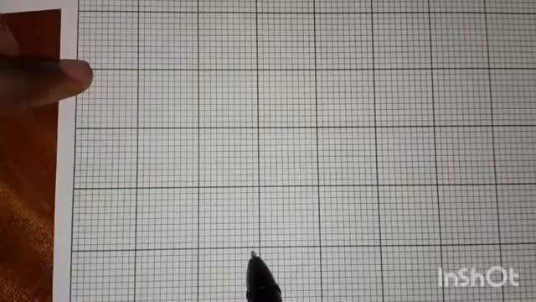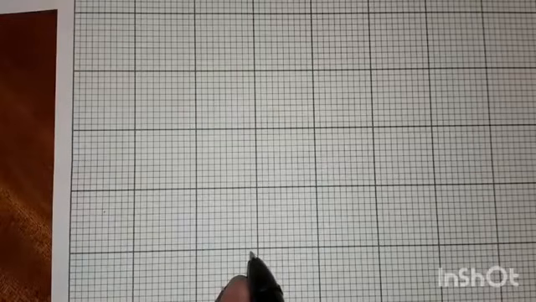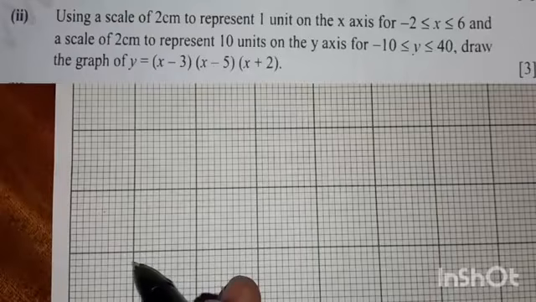If you make this point the origin, on the left you need x values from -1 to -2, and on the positive side you need values from 1 to 6.